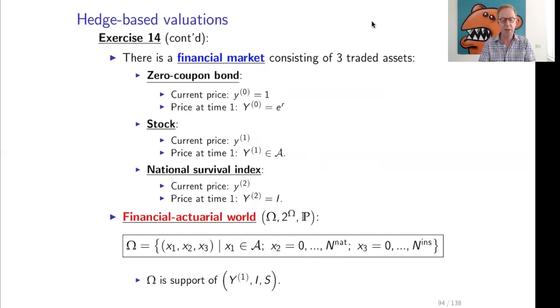We model this financial actuarial world by a probability space omega, F, P, where omega, the set of all scenarios in which we are interested, consists of triplets x1, x2, x3, where x1 is a possible outcome of the stock, x2 is a possible number of survivors in the national population, and x3 is a possible number of survivors in the insured population. Hence, the probability that the vector Y1, I, S takes values in omega is 1.